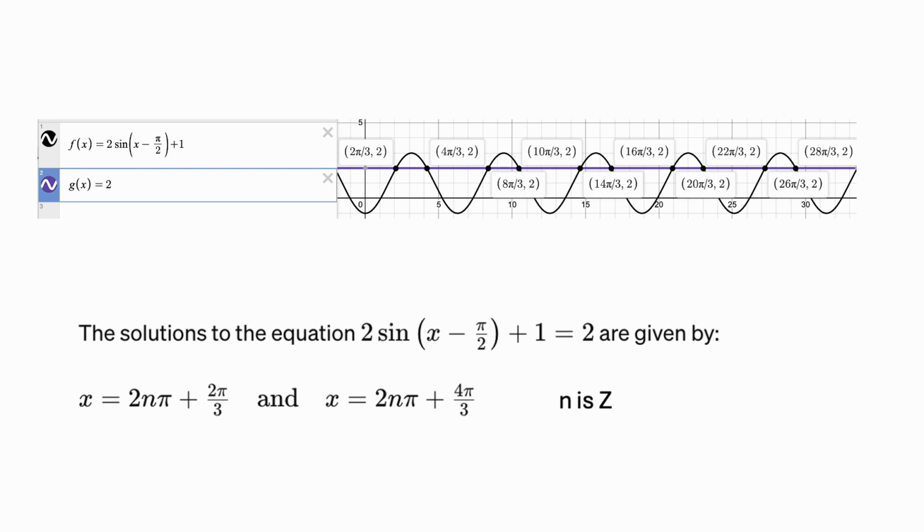However, for an equation like the one before, if there is no condition for the domain, then we have an infinite number of solutions, and the solutions have a pattern. Then we can organize all the solutions as x equals 2n pi plus 2 pi over 3, or x equals 2n pi plus 4 pi over 3, where n is an integer.